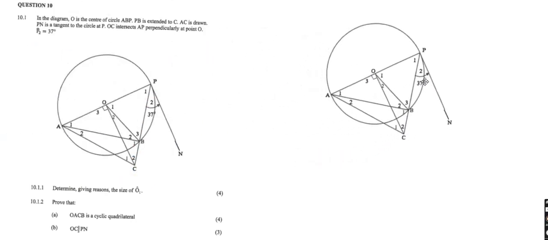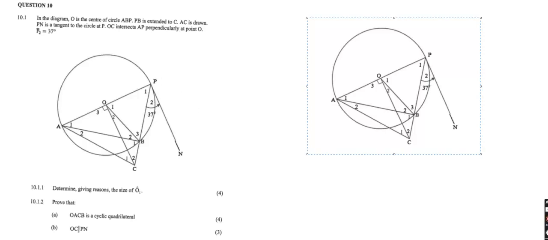Even OB is also a radius. So I just want to make a copy, and because this diagram is a little bit complicated, I might mess it up. So we've got OA, OP, and OB. So since OP and OB are equal to each other, B3 is going to be equal to P1. But we will get there if there's a need.